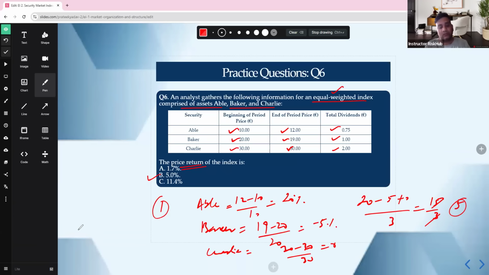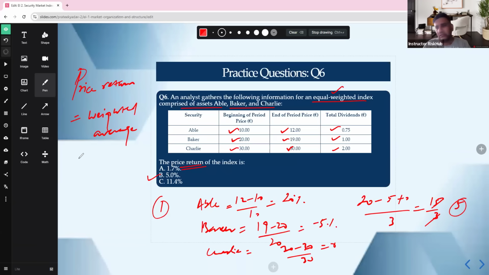Price return is equal to the weighted average, with equal weights here. Please remember, price return is basically your weighted average. But why did we take a simple average here?